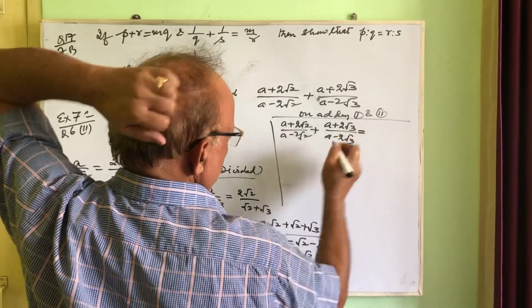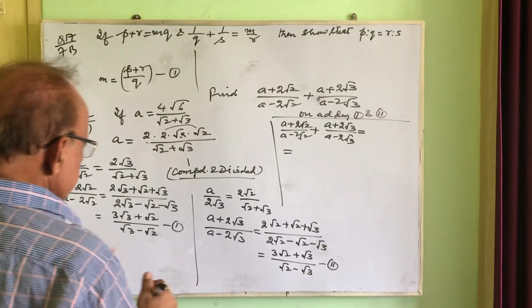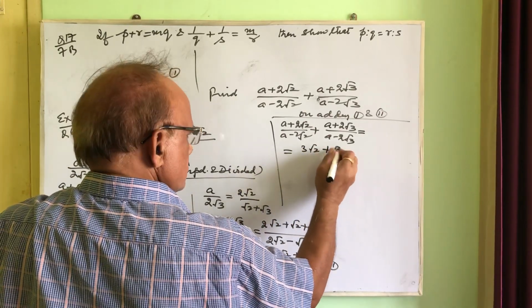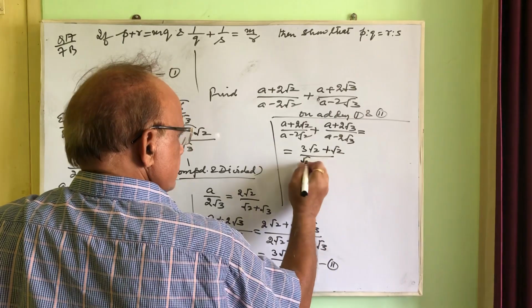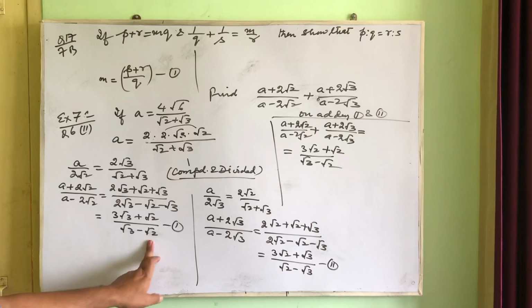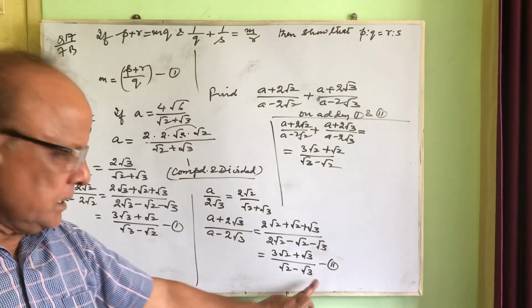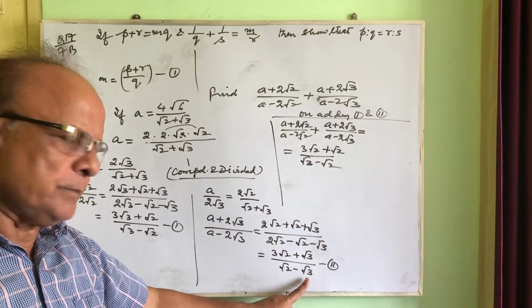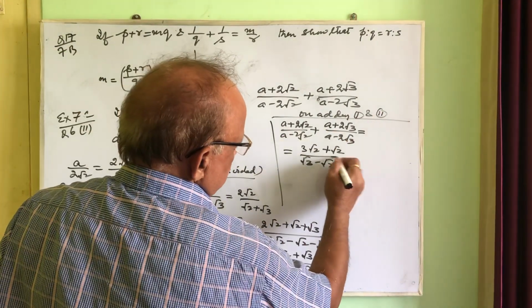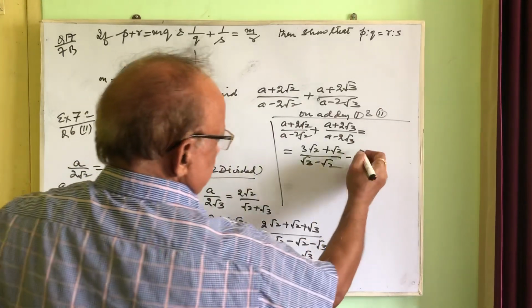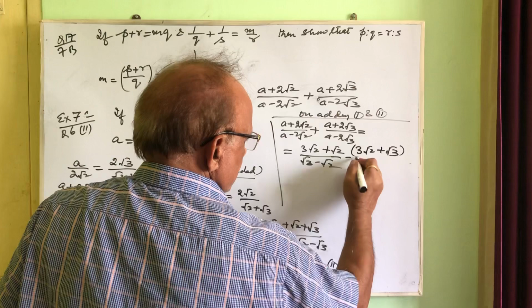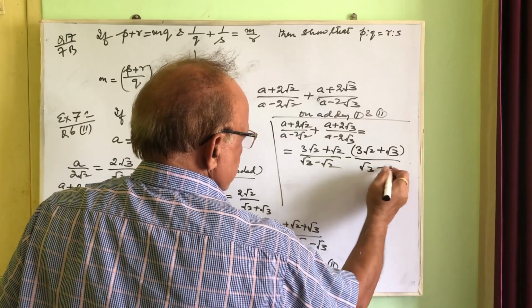Write down the right side: 3 root 2 plus root 3 by root 3 minus root 2.